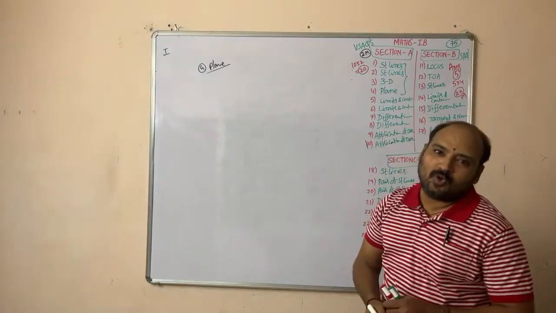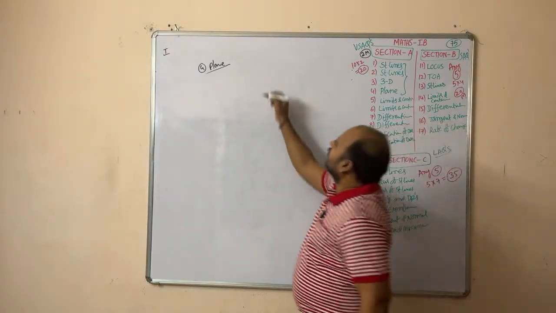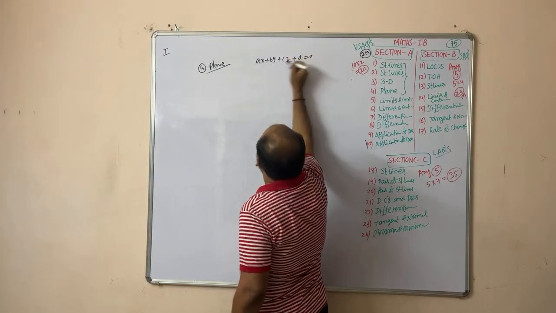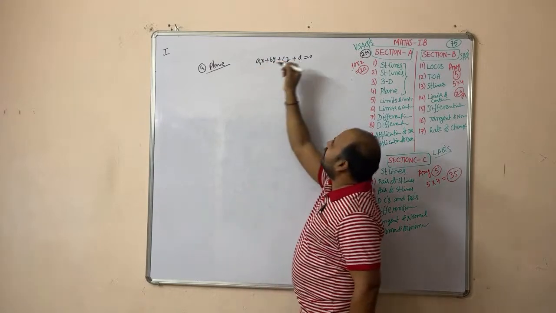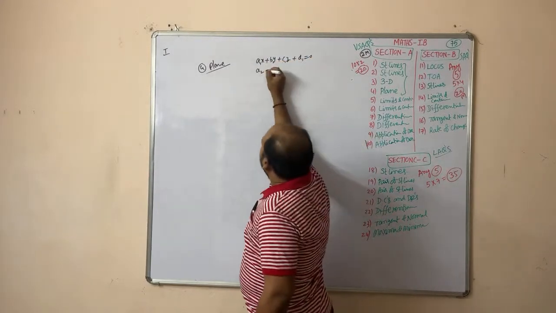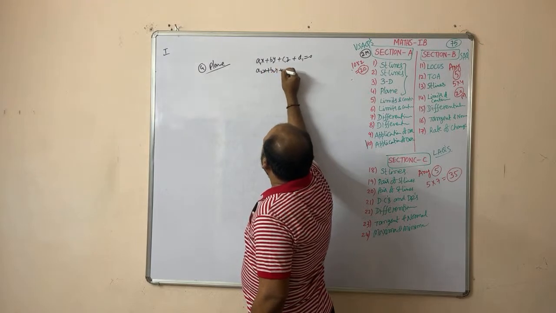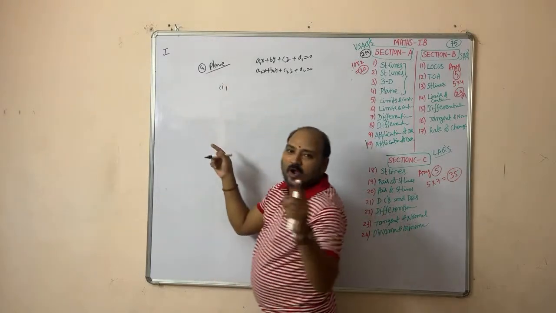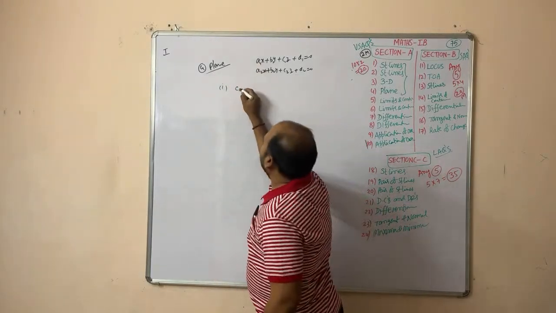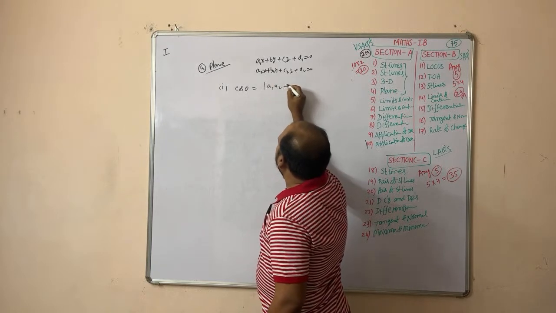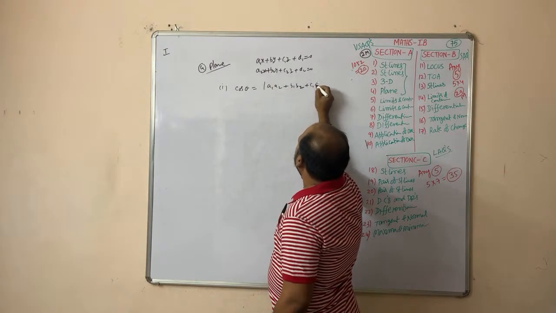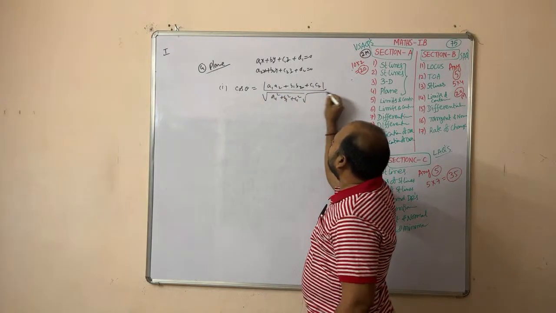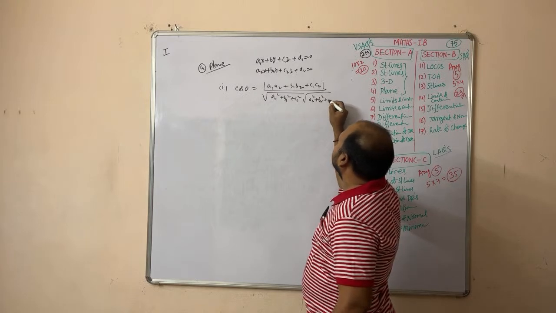The first plane is a1x plus b1y plus c1z plus d1 equal to 0, and the second plane is a2x plus b2y plus c2z plus d2 equal to 0. First possibility: find the angle between the planes. Cos theta equals mod of (a1a2 plus b1b2 plus c1c2) by root of (a1 square plus b1 square plus c1 square) into root of (a2 square plus b2 square plus c2 square).